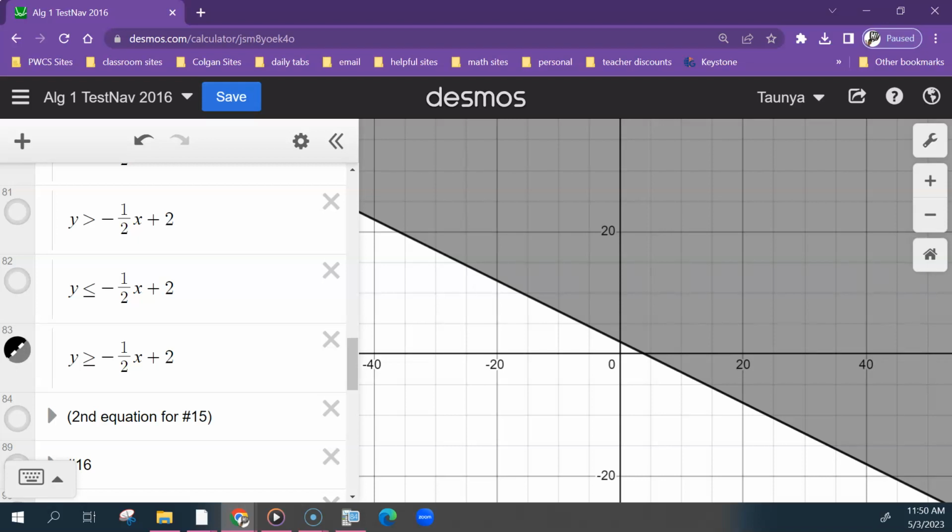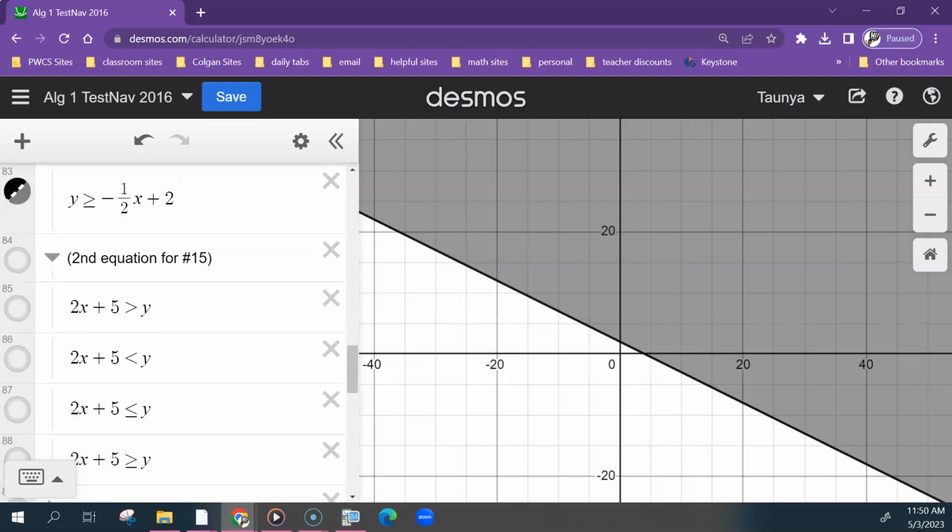And then for the other one, that has to be the dashed line. So it has to be either less than or greater than, but the format of it is weird, so you have to kind of rearrange it before you can determine which one it is. If you rearranged it, it would be less than, but here it's greater than, but this is the overlapping.